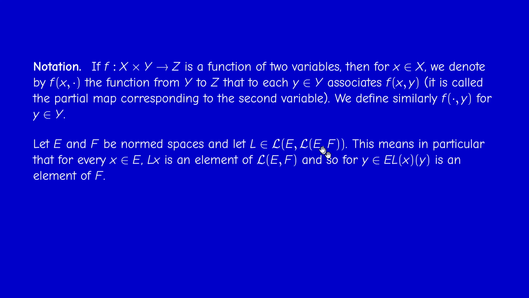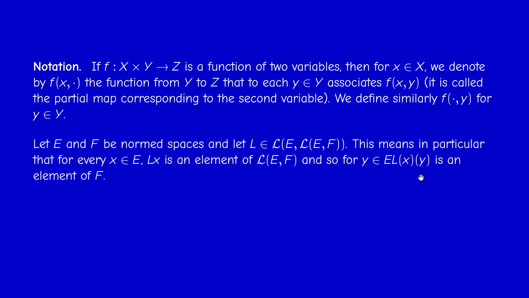We can consider L actually as a function of two variables. The first variable is in E, the second variable is also in E, and the result will be in F. So such a map can be identified with a map of two variables. We have double linearity here actually, because the first L is linear, the second L is linear. So this expression L of x, y is linear in x and linear in y.